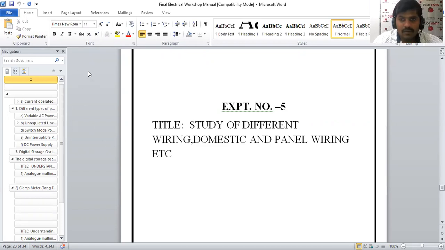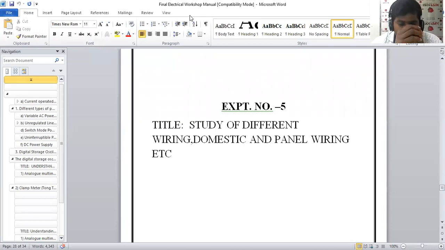In the previous practical of electrical workshop, we discussed different types of meters, like analog meters for measurement of voltage, current, or power. Then we discussed the digital multimeter, and the clamp meter to measure current when the wire is live.